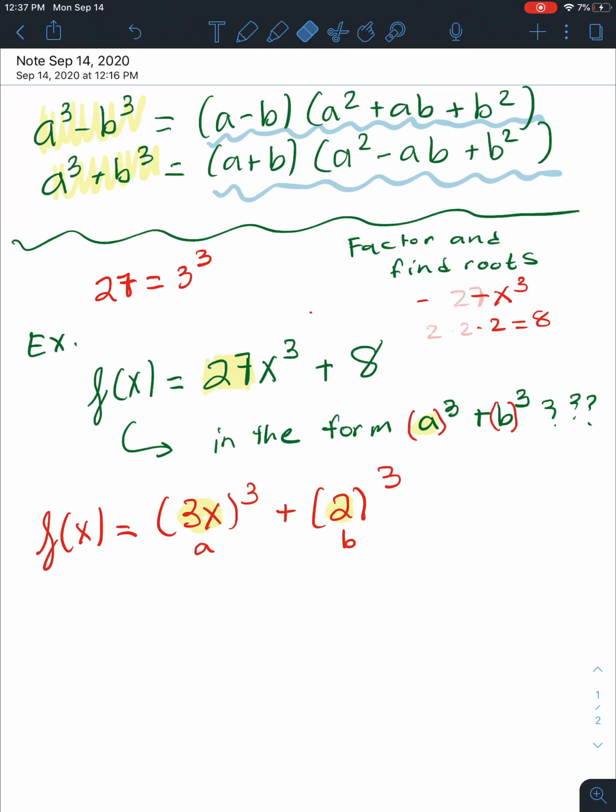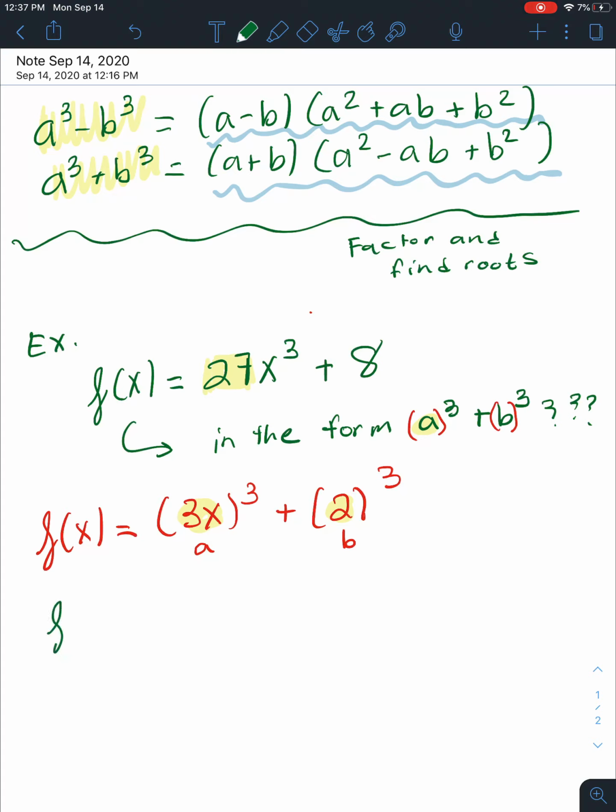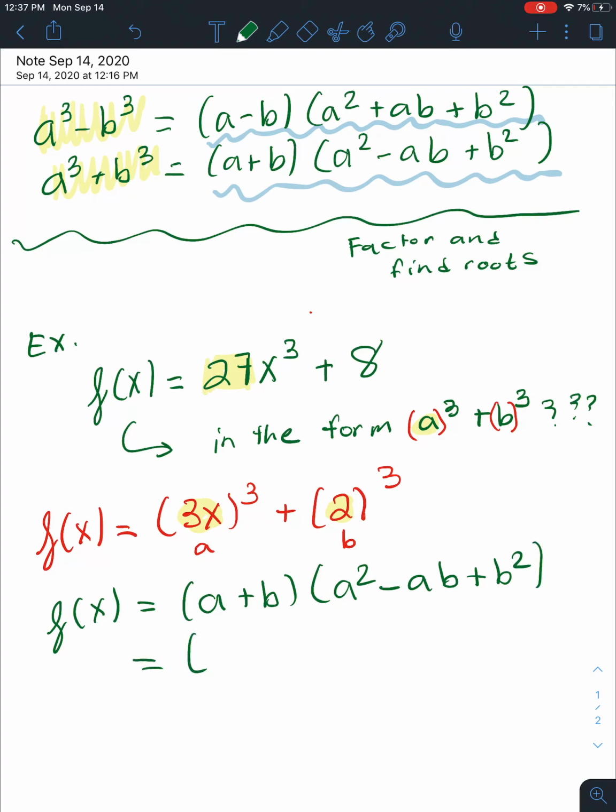I'm going to go ahead and erase this so we can keep it clean. So now what we're going to do is we're just going to plug everything into our formula. So f of x equals a plus b, a squared minus ab plus b squared. I'm just writing it again, and then I'm going to substitute everything. So I have 3x plus 2, parentheses.